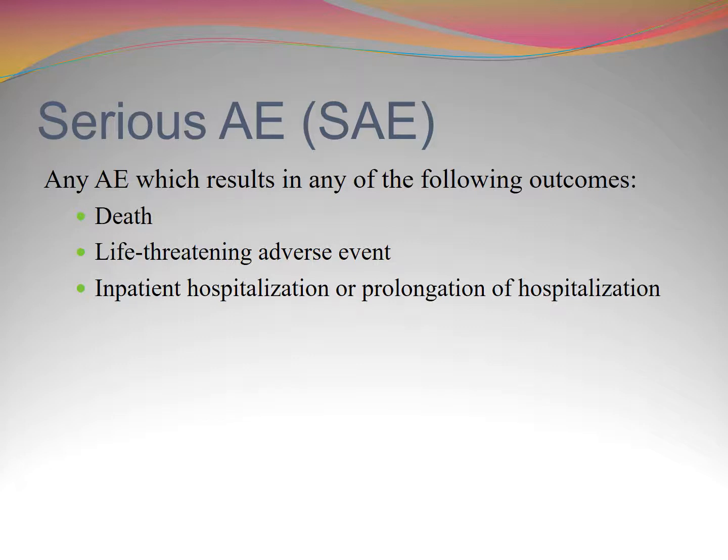That is now an additional serious adverse event, and they're almost like Russian nesting dolls. You can have one adverse event that also becomes another adverse event. So the first inpatient hospitalization with pneumonia would be a serious adverse event, and then prolonging that hospitalization due to the broken bone would be another serious adverse event.